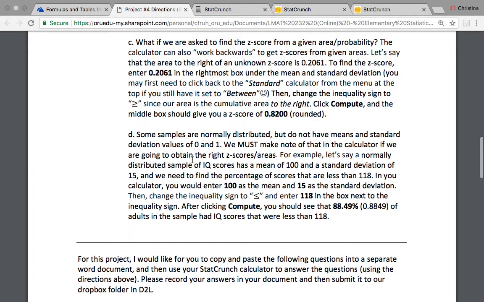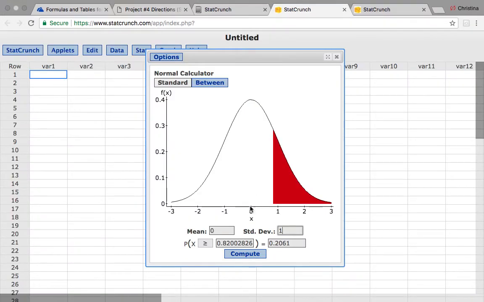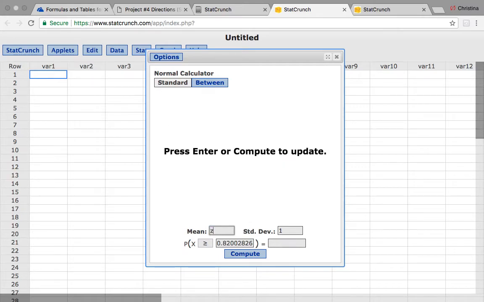So it's okay that it's normally distributed. We can still use our calculator for this, but it has a different mean. The mean is not 0, it's 100. So we just need to put that into our calculator. So let's go back, and we're going to put 100 into our calculator. And our standard deviation, it says in the question that that's 15.